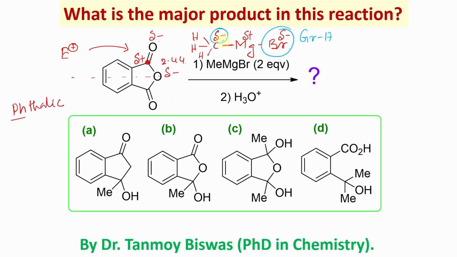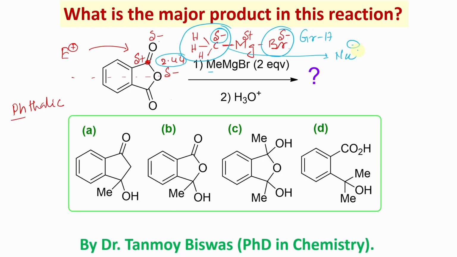But carbon is neither very electropositive nor very electronegative. Its electronegativity value is in between. Consequently, this extra negative charge on the carbon atom is not that stable. That is the reason for its reactivity, and in this case this methyl group will act as the nucleophile, meaning it will attack the carbon center.